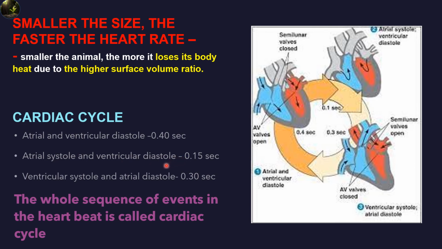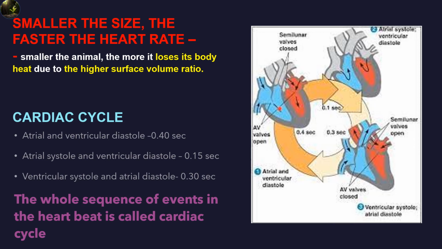Atrial systole means atria will contract, and the ventricle will be in relaxed stage. That is 0.15 seconds. Then which sound will be produced? The dub sound is produced because of the closing of semilunar valves.